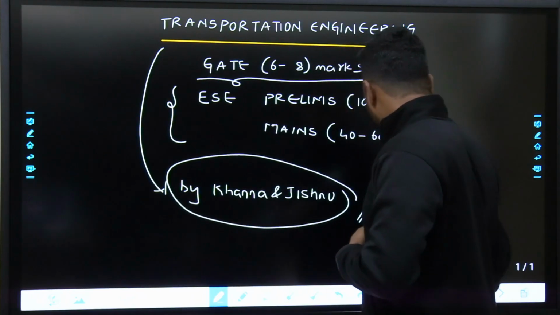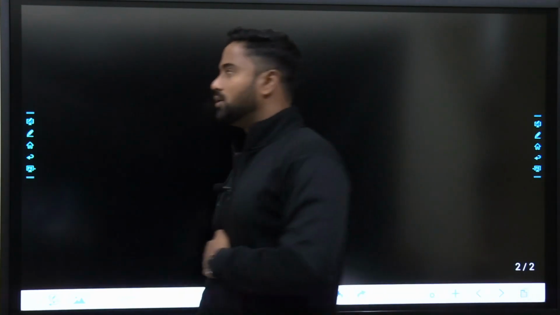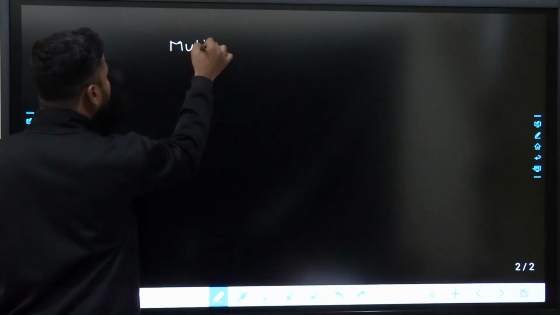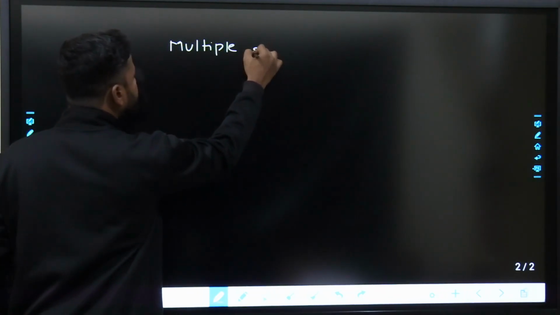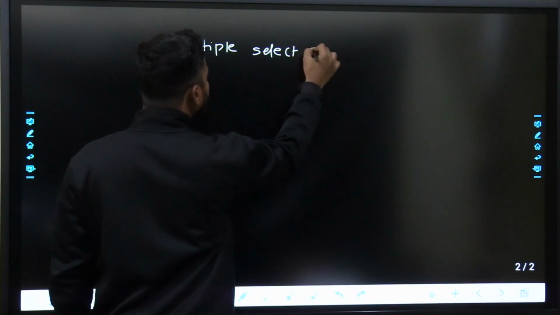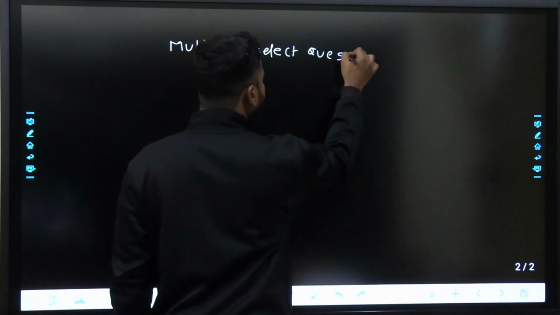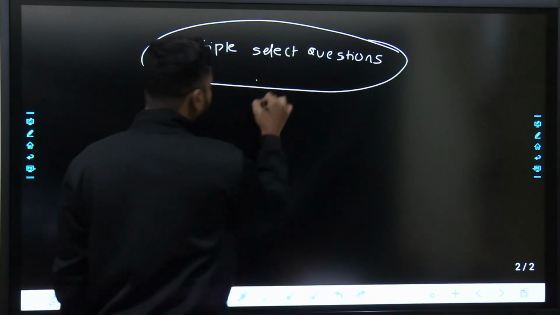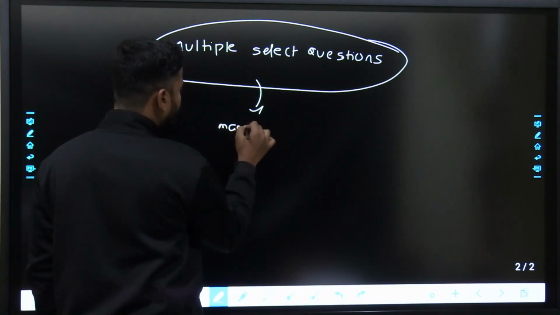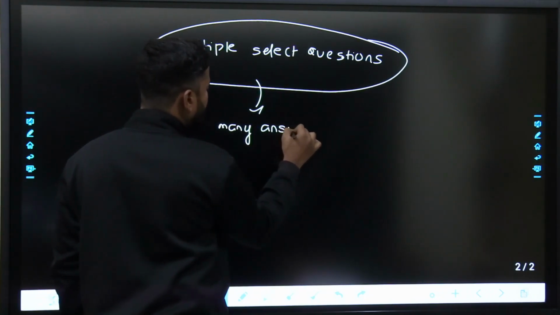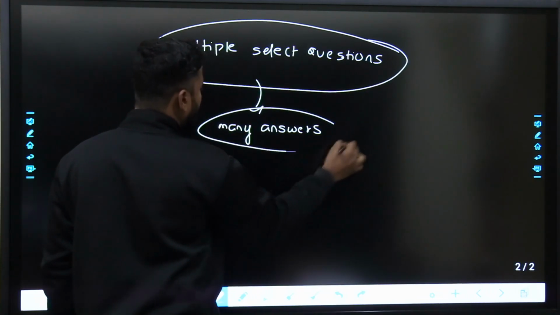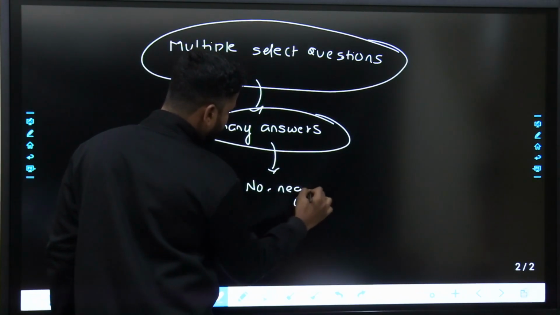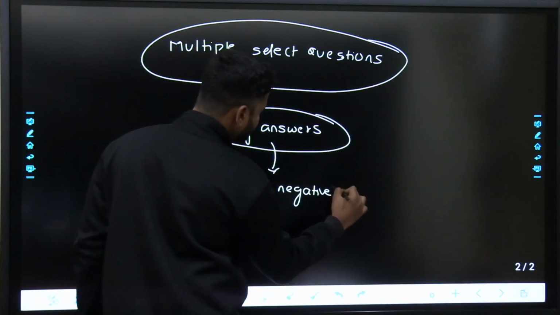Multiple select questions were introduced only recently, in 2021. For one question there will be many answers, and no negative marks.